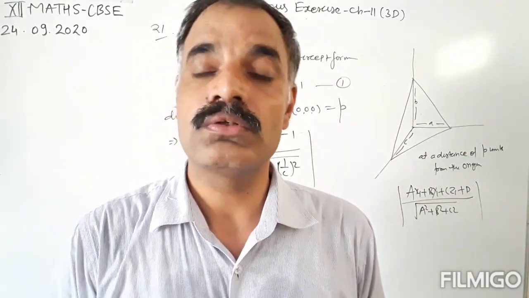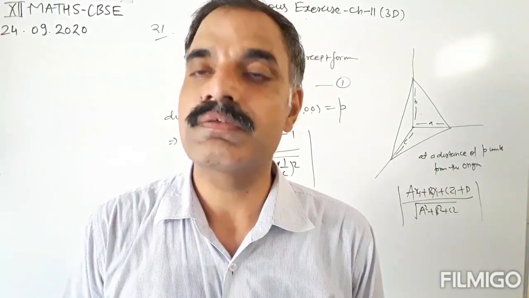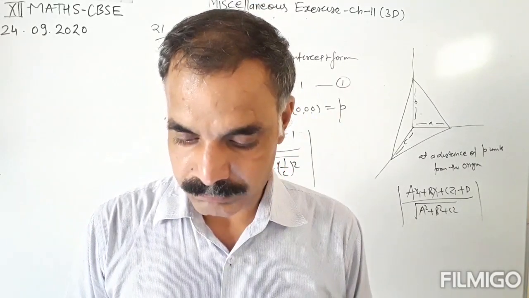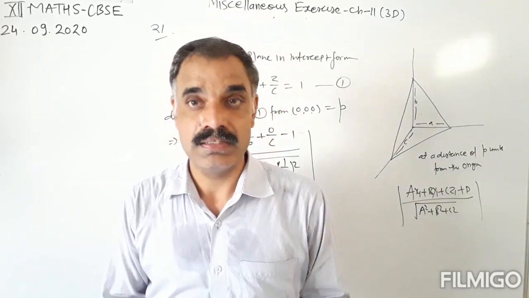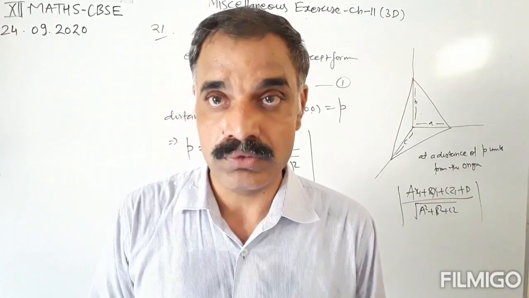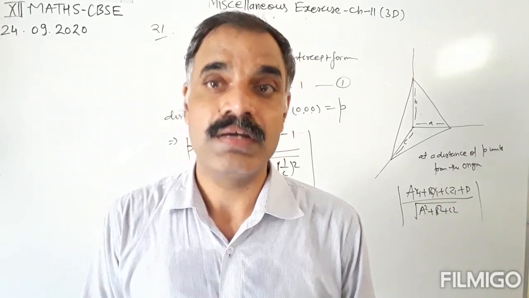So this was question number 21 of the exercise. Now 22: find the distance between two planes. Two parallel planes are given. The distance between parallel planes is (d2 minus d1) upon the square root of a square plus b square plus c square. Using that formula you can find the distance.